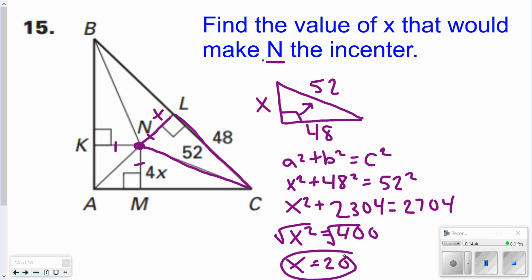But I'm not done, because it said what value of x would make n the incenter. I have x here. So I made up an x here, but I want to know what this x is going to have to be to make n the incenter. So mn is equal to 20, which we want it equal to 4x, right?